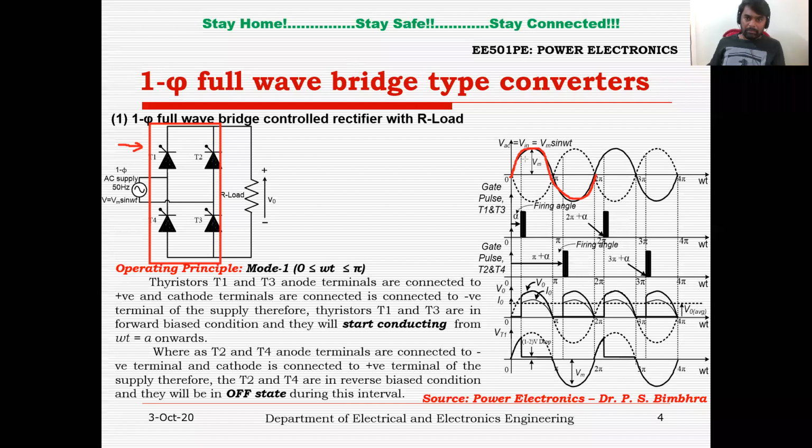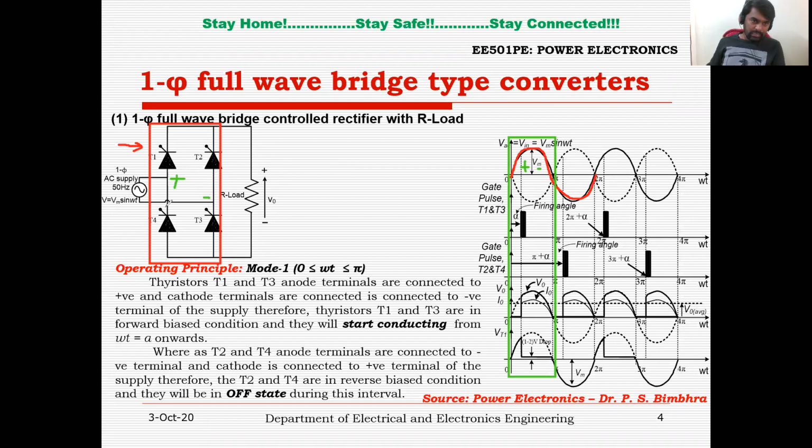This complete cycle consists of positive as well as negative half cycle. Now, I am considering the positive half cycle as mode 1. During the positive half cycle, positive comes first, then negative. So you can see this terminal is positive and this terminal is negative.